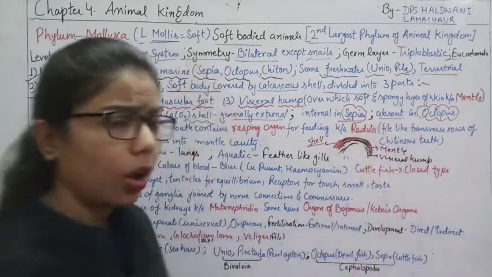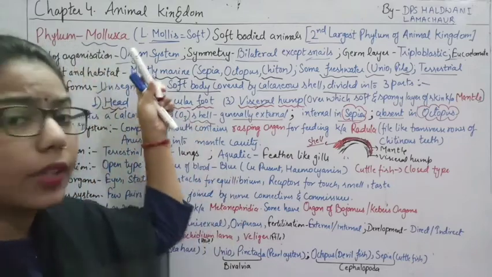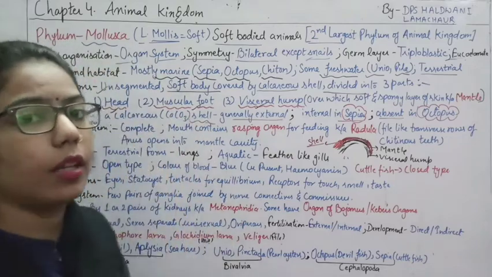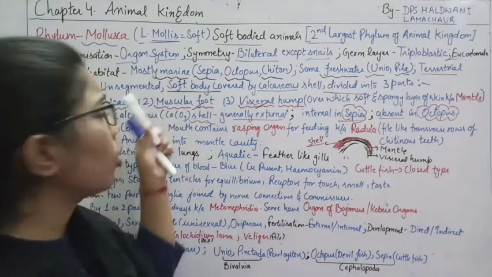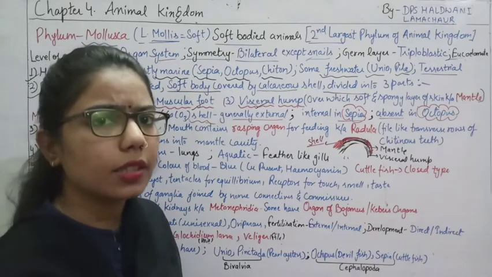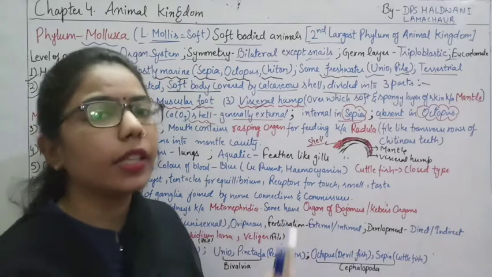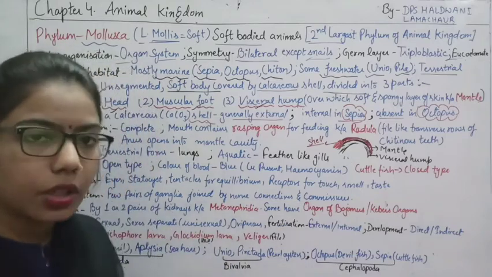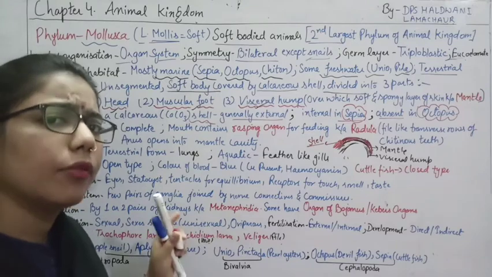Okay, on the basis of this we have different classes. As we are talking about different phyla, all phyla are divided into different classes. So this mollusca can be divided into 6 different classes, on the basis of their structure, their morphology, and their function.